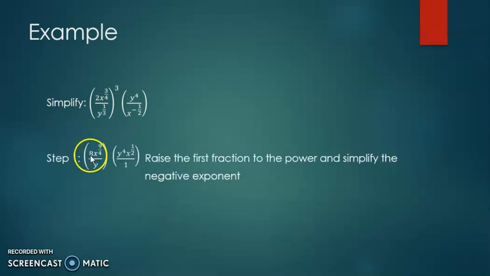So I found out that 2 to the 3rd is 8, 3/4 times 3 is 9/4, and 1/3 times 3 is 1. Now the other thing I did in this step is I took care of my negative exponent on my x. So the negative exponent just moves it to the top. And I always like to take care of those first, so that I get them out of the way and I don't have to worry about them.